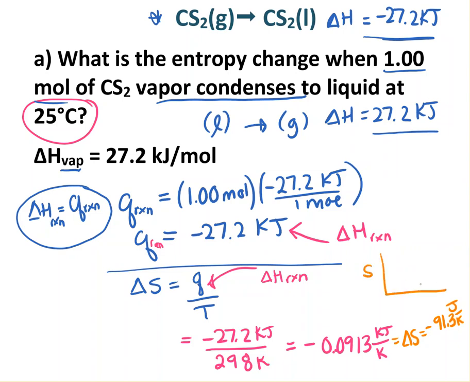If we're going from a gas to a liquid, are we going to expect it to drop in entropy? And we do, because the delta S is negative. Because we know that a gas has more entropy than a liquid. So we would expect that number to be negative.